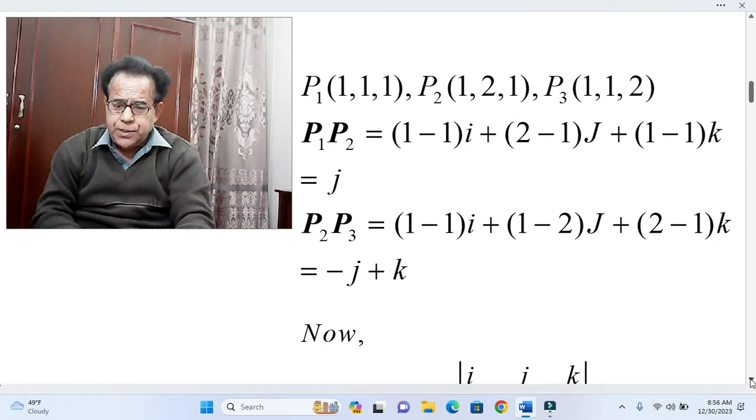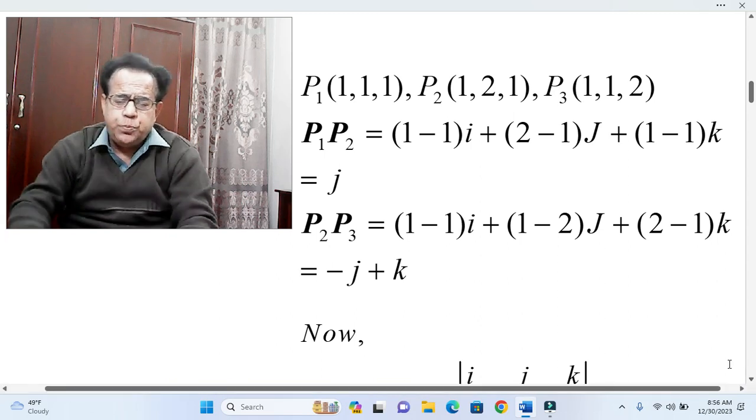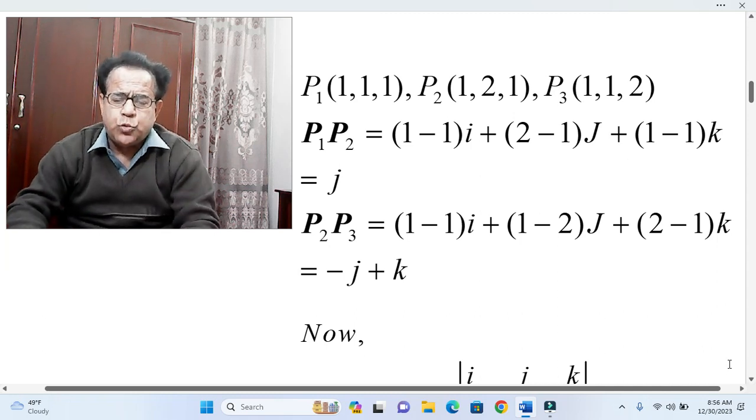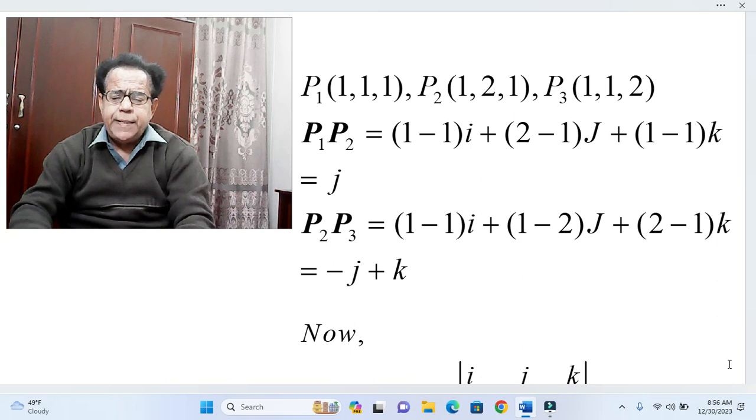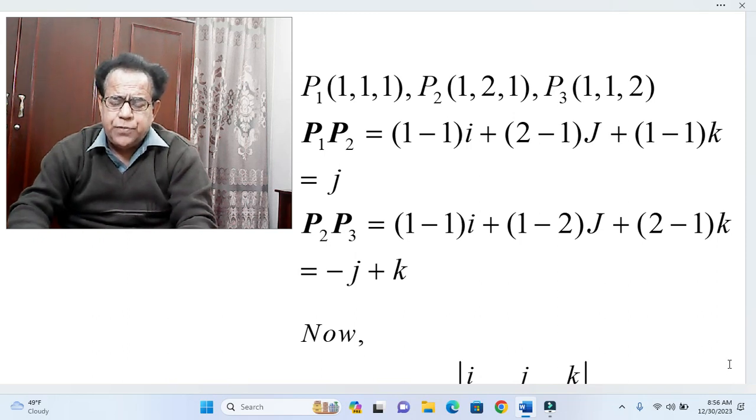P1 (1,1,1), P2 (1,2,1), P3 (1,1,2). Now vector P1P2: the x coordinate of P1 will be subtracted from the x coordinate of P2. Similarly, the y coordinate of P1 will be subtracted from the y coordinate of P2, and the z coordinate of P1 from the z component of P2.